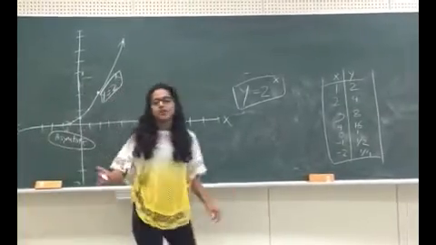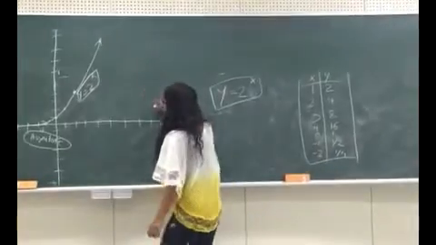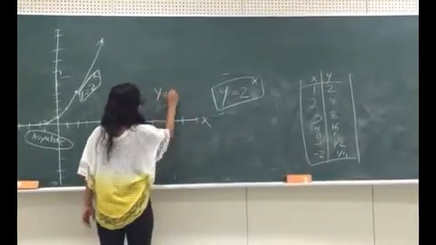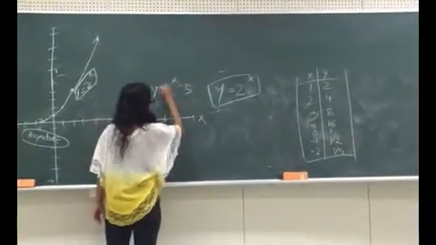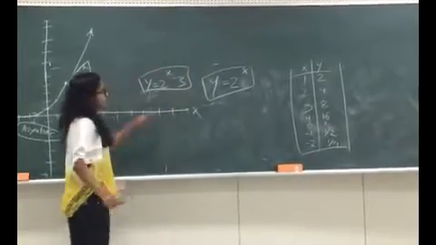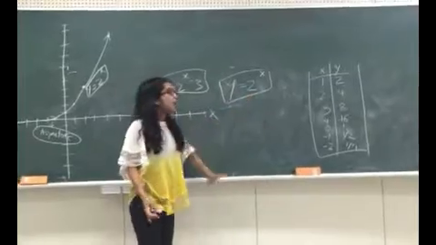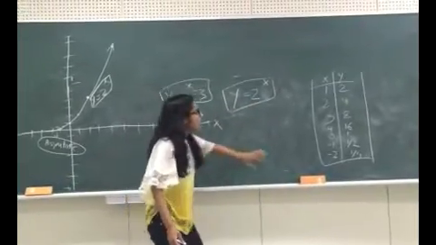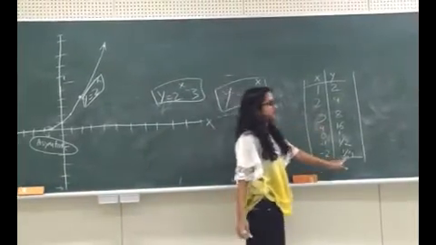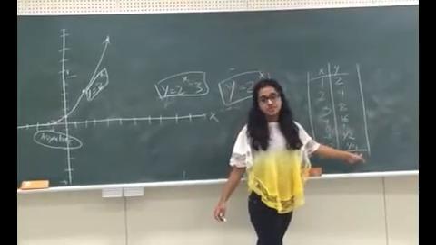You might have some question, like if the function is y equals 2 to the power x minus 3, won't it become 0? And won't the values become negative? Of course it becomes negative. But what I mean to say is that while plotting this one, the y value never becomes negative.